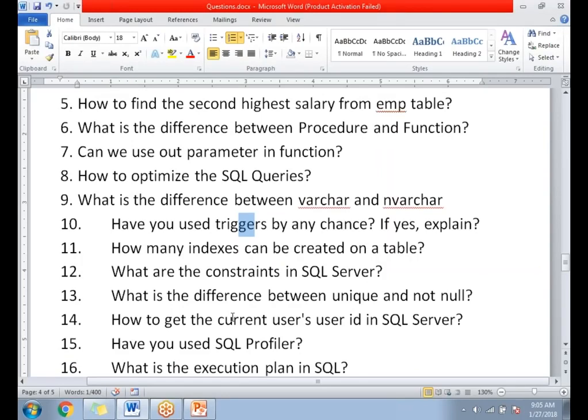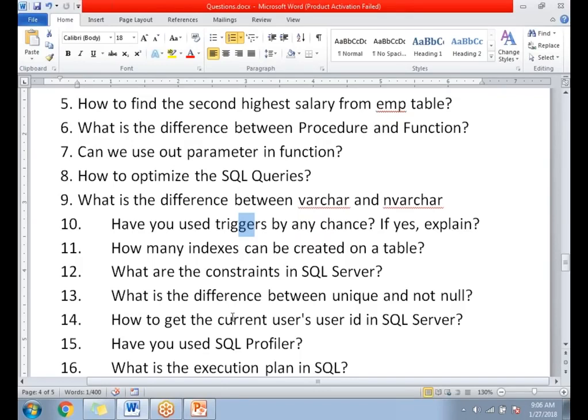Next. How many indexes can be created in a table? You can create many indexes, like a clustered index and non-clustered index, based on your need. If you want to go with a clustered index, you can create only one clustered index on a table, but you can create many non-clustered indexes on a table.